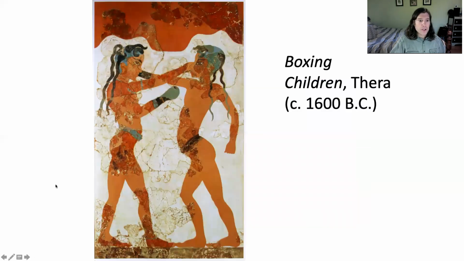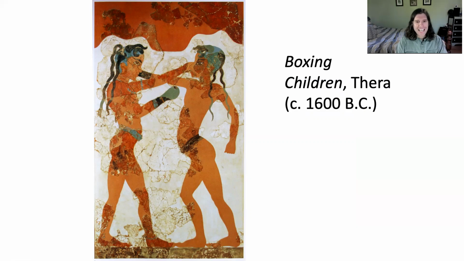So, one good example would be this boxing children fresco, which is about 9 feet by 3 feet in size. We're going to be looking at a number of frescoes in this course, and if you go on to take Humanities 102, a bunch more there. So let's go ahead and define what a fresco is. It's a study guide term.